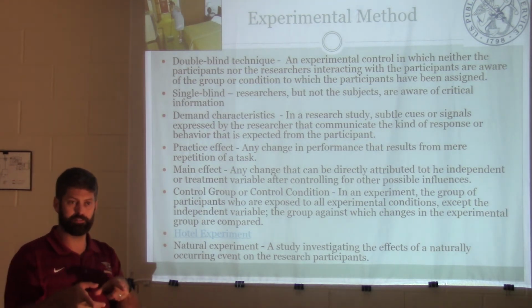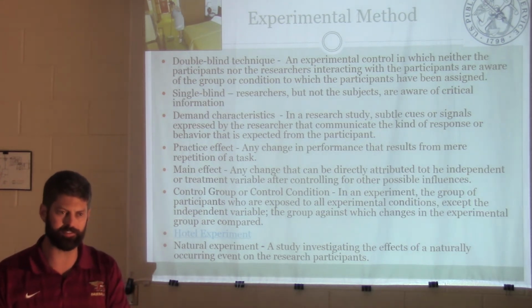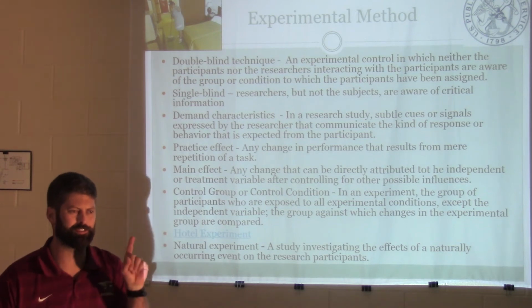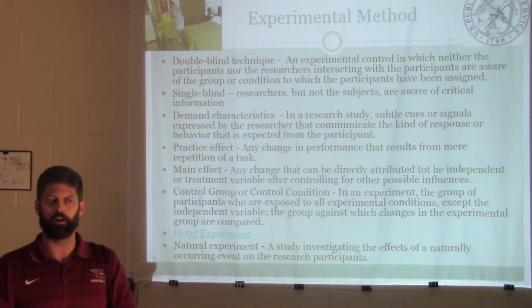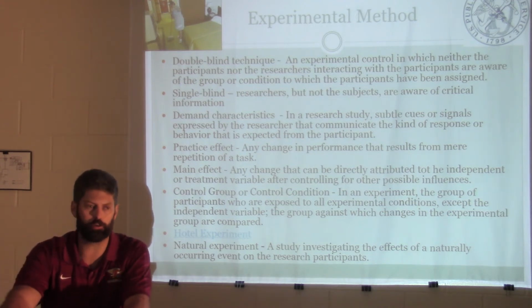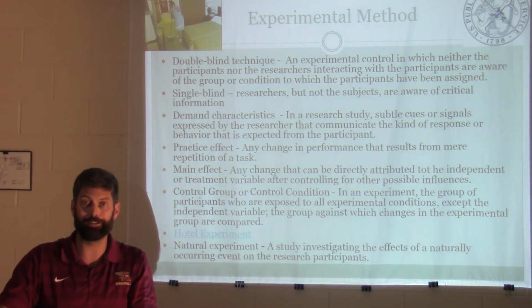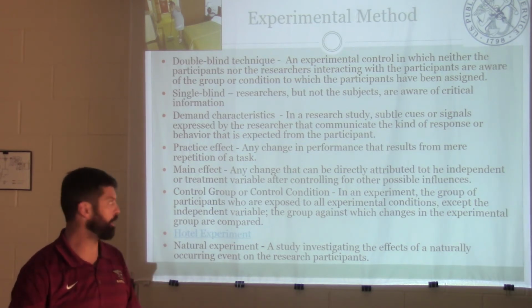So nobody knows. So there's no bias, right? They're not looking at a certain group and saying, ooh, these people are going to change. They don't know. The experimenters don't know who took the real drug, so they have to objectively look at everybody. And then at the end, you find out.